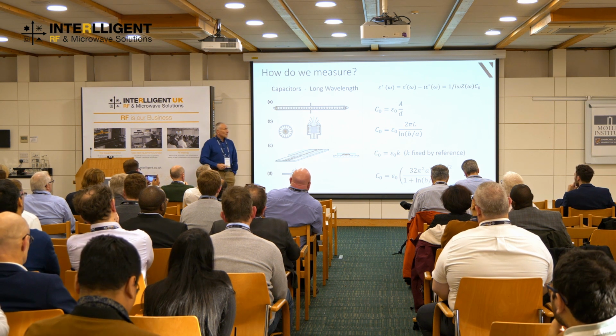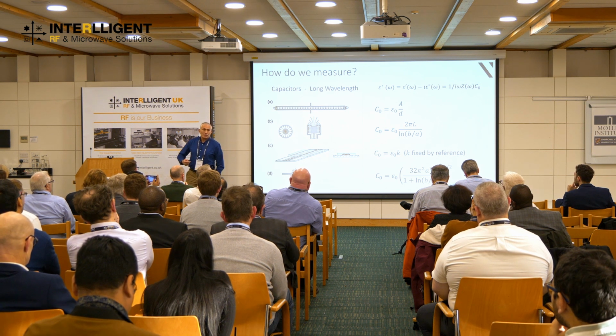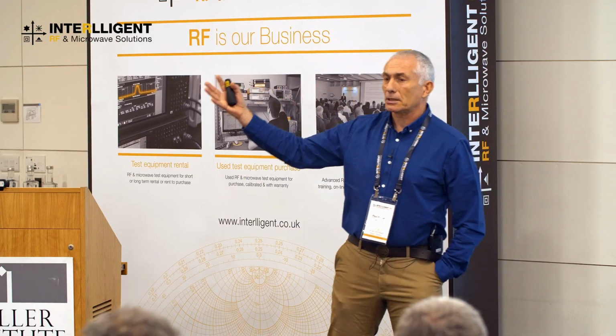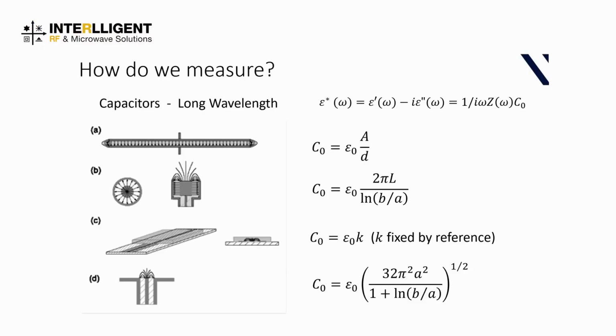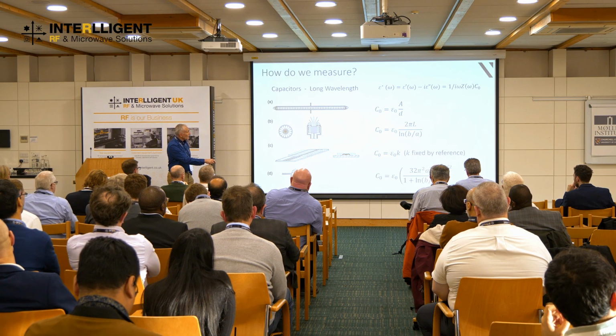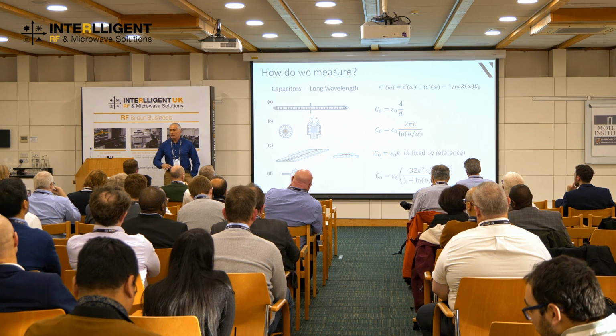Now, there are various configurations in which you can measure impedance. If you're working up to 10 megahertz, you can just do it as a simple capacitor, in which case this C0, which is a geometric capacitance, basically a form factor, can be simply calculated, and you can get the permittivity directly from the impedance.